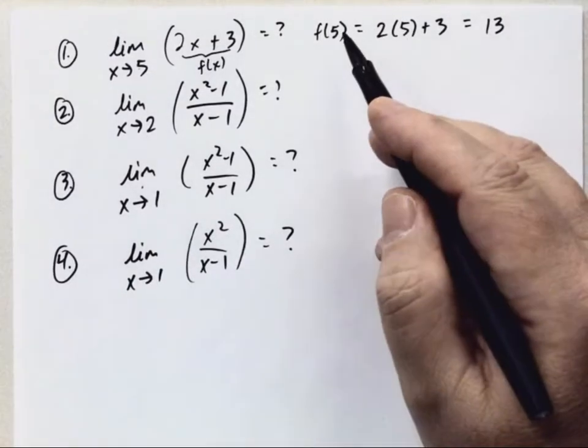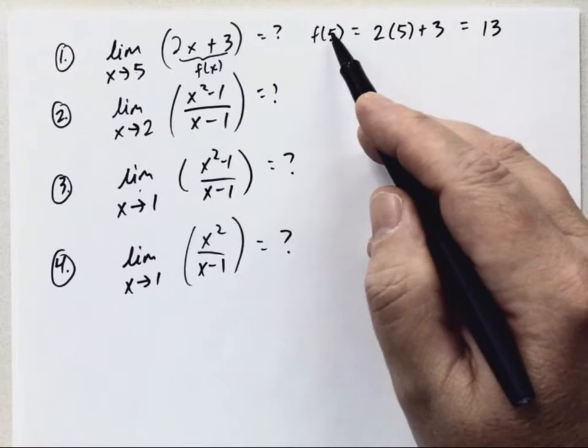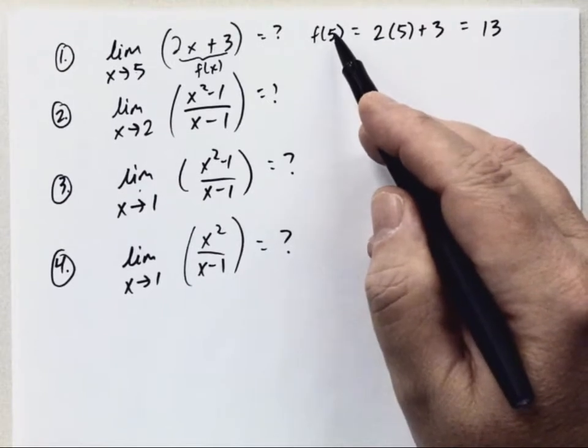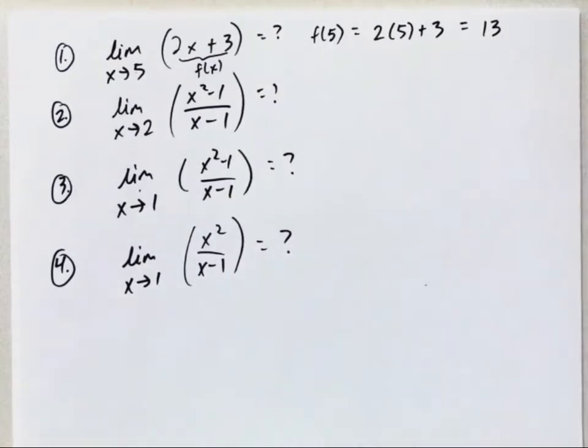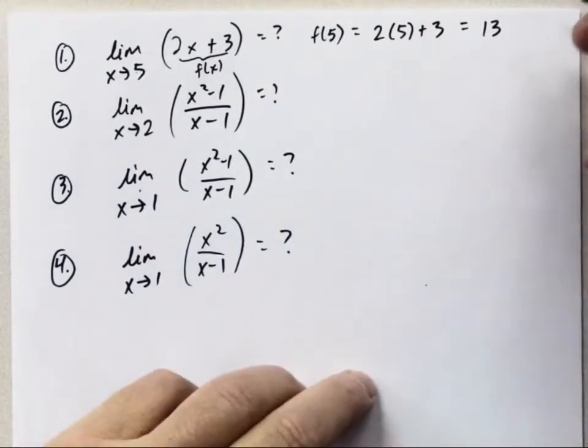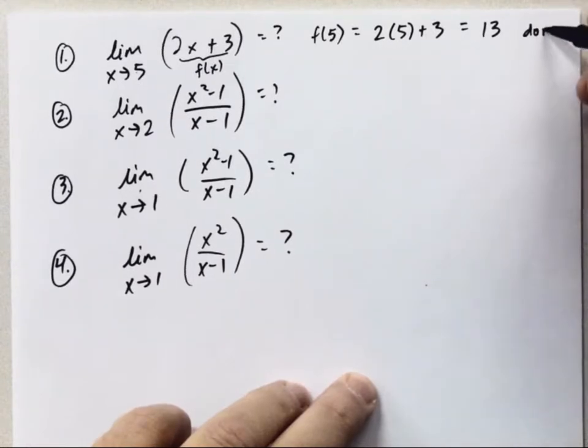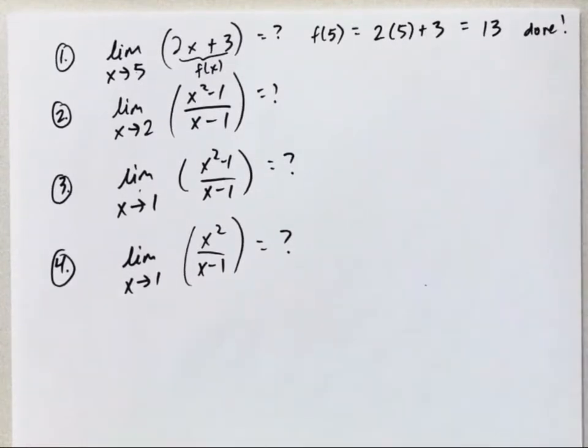When you plug in whatever number x is approaching into the function, and it just equals a number, any number, then you're done.